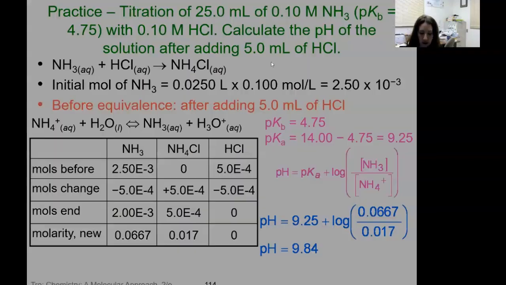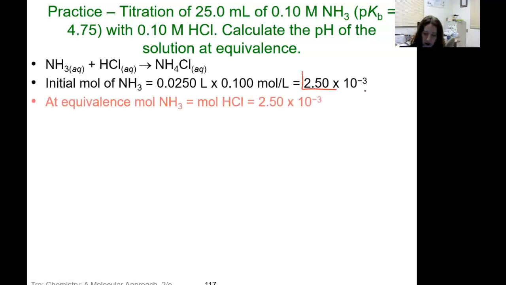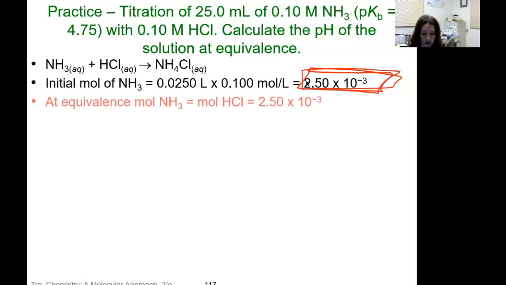Okay, so now what about the next one? Now I want to know what the pH is at the equivalence point. So remember, we found out this is how much NH3 we originally had. So that means we're at our equivalence point when our HCl is also that number of moles, right?